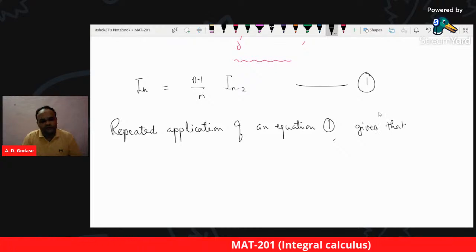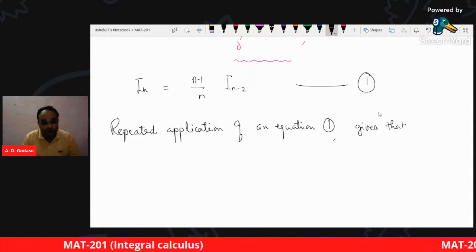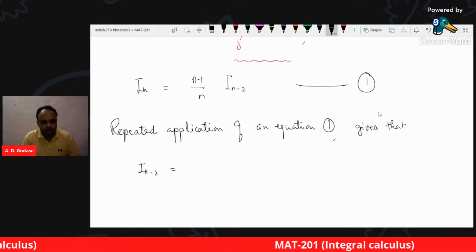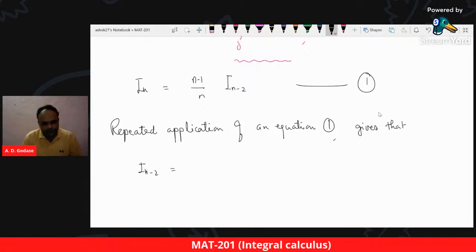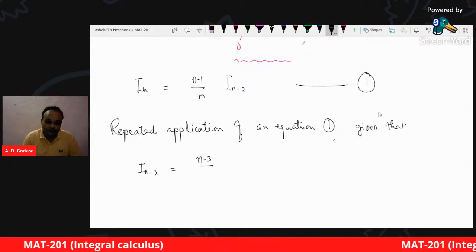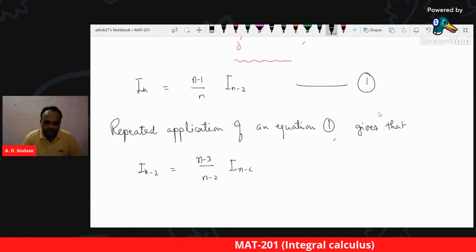What will be I(n minus 2)? If I replace n by n minus 2 in equation number 1, I(n minus 2) will be equal to (n minus 3) divided by (n minus 2) times I(n minus 4).